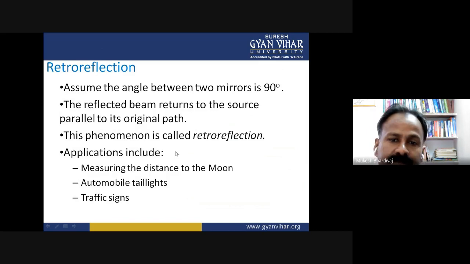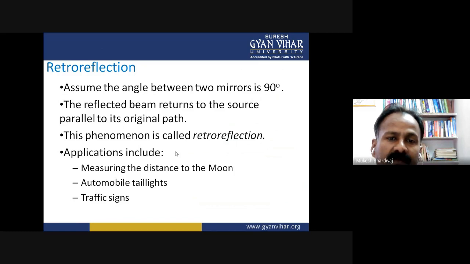Retroreflection. Assume the angle between two mirrors is 90 degrees. The reflected beam returns to the source parallel to its original path. This phenomenon is called retroreflection.